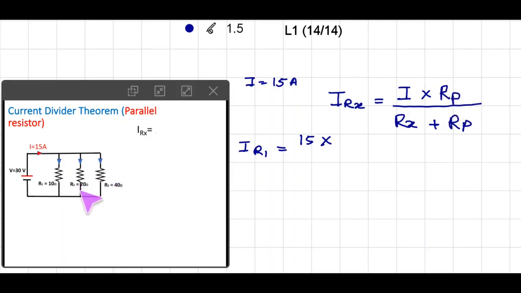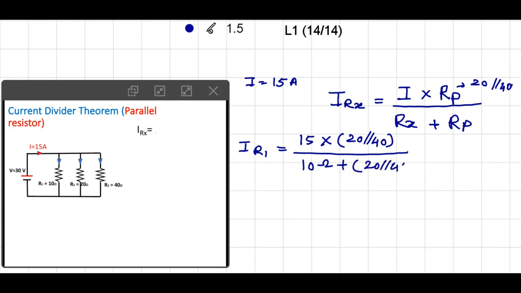Rp is the parallel combination of this and this, so we calculate Rp as 20 parallel to 40 ohm, divided by our Rx resistance, that is 10 ohm, plus the parallel combination of 20 and 40.